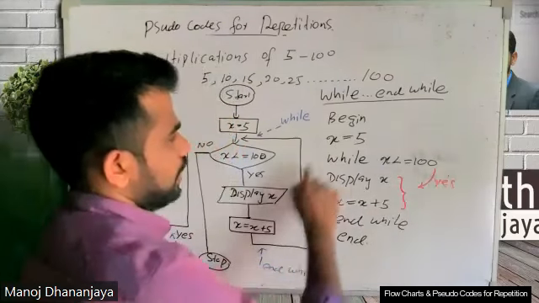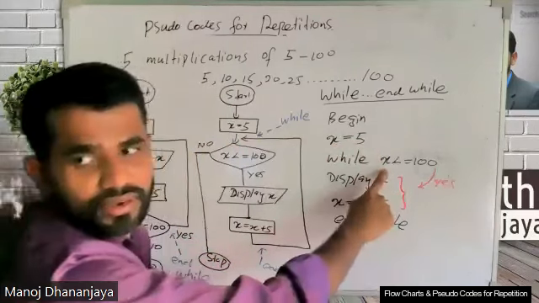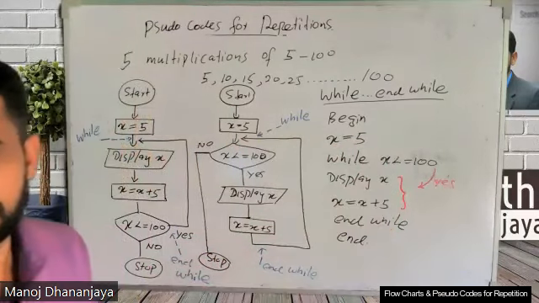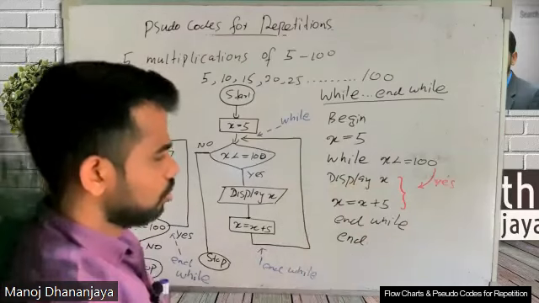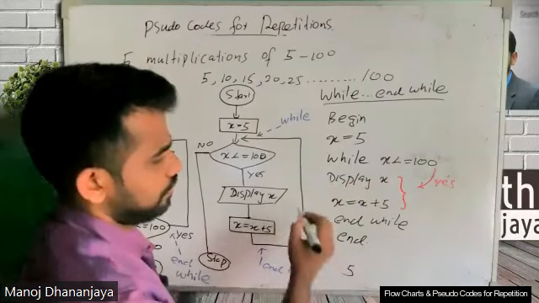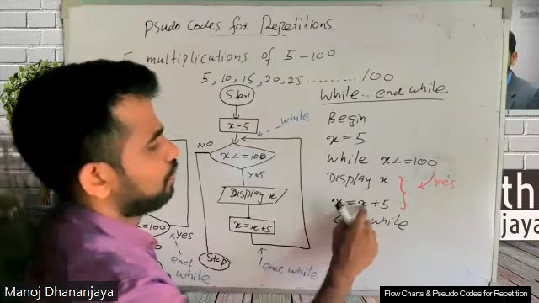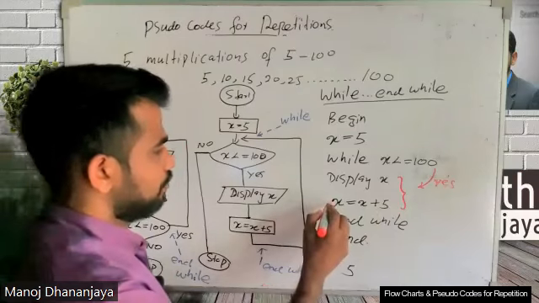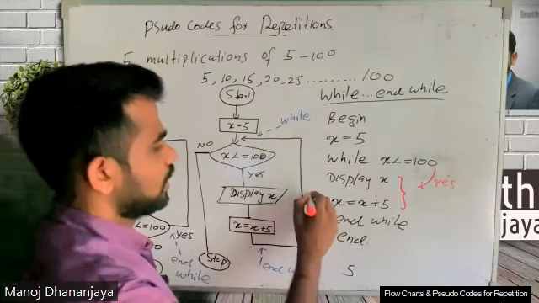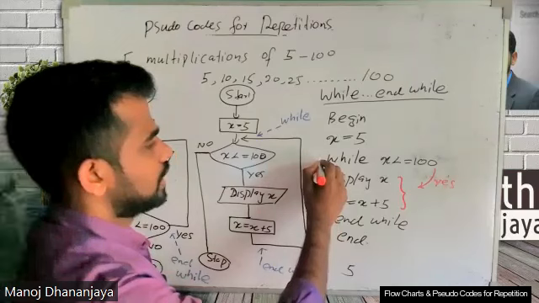X equal 5, is 5 less than or equal 100? Yes. If it is yes, what can we say? Display x. 5 will be displayed on the screen. And next, x equal 5 plus 5, 10. Now, x will receive a new value. Once it receives a new value, again, before displaying it, we should check the condition.